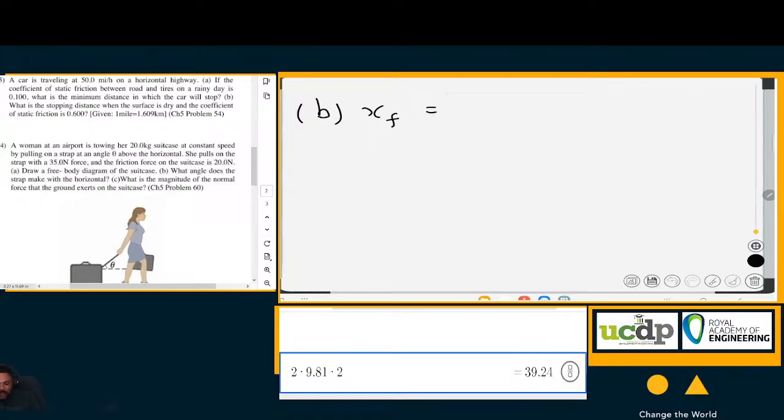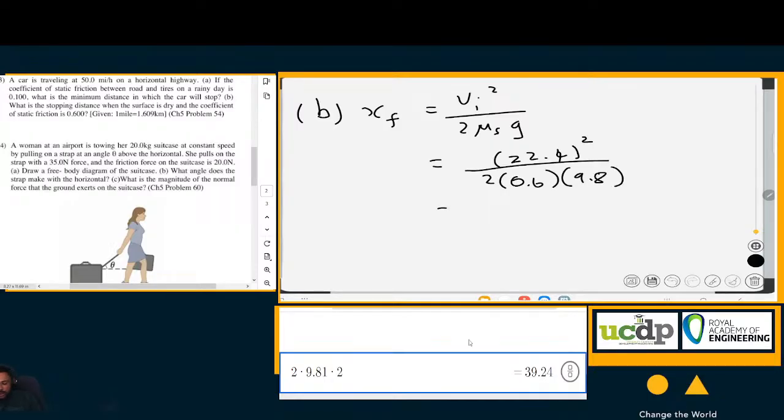The only thing that changes, I've already shown you how I got to this formula, is the static coefficient of friction, because it's now a dry day. This is still 22.4 squared over 2 times, this is now 0.6 times 9.8, and the answer is now 42.7 meters.